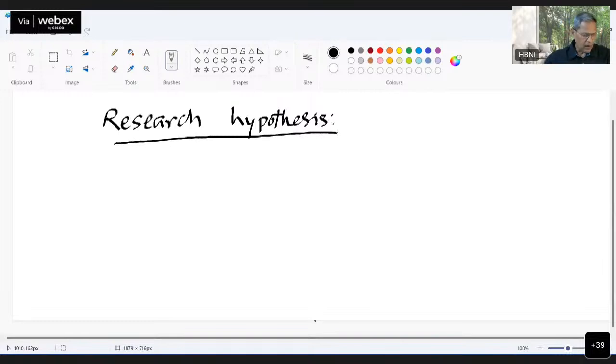When a prediction or hypothesized relationship is to be tested by scientific method, it is termed as research hypothesis.